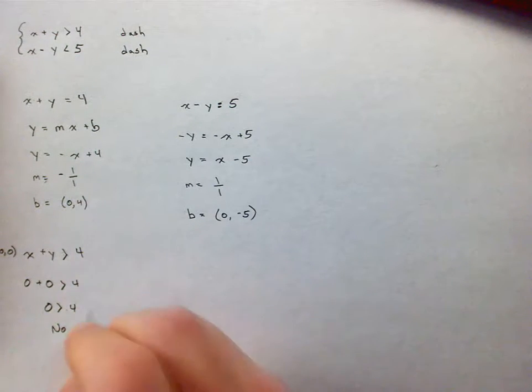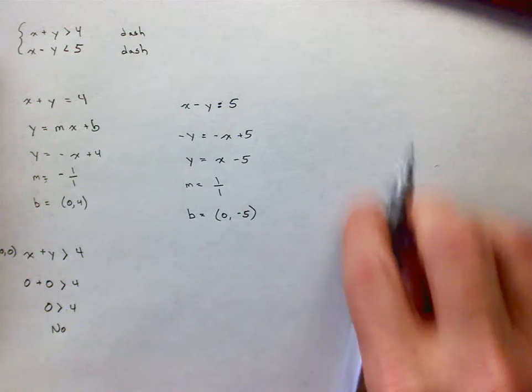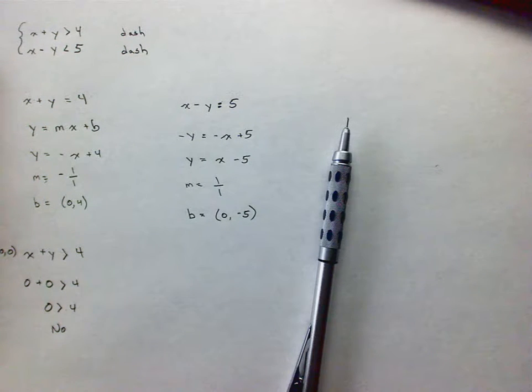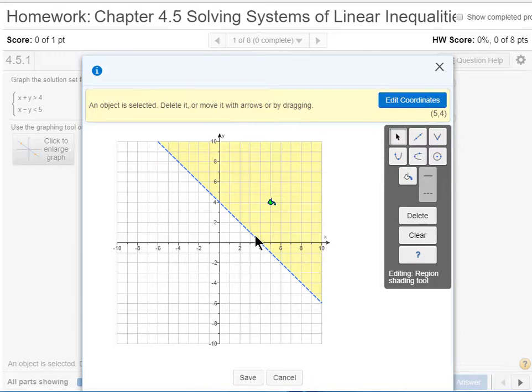No. So I shade on the opposite side of the origin. Here's the origin, so I'm going to shade on the opposite side of it. There we go. This helps me to visualize. This is where I'm shading for the first inequality in my system of inequalities.